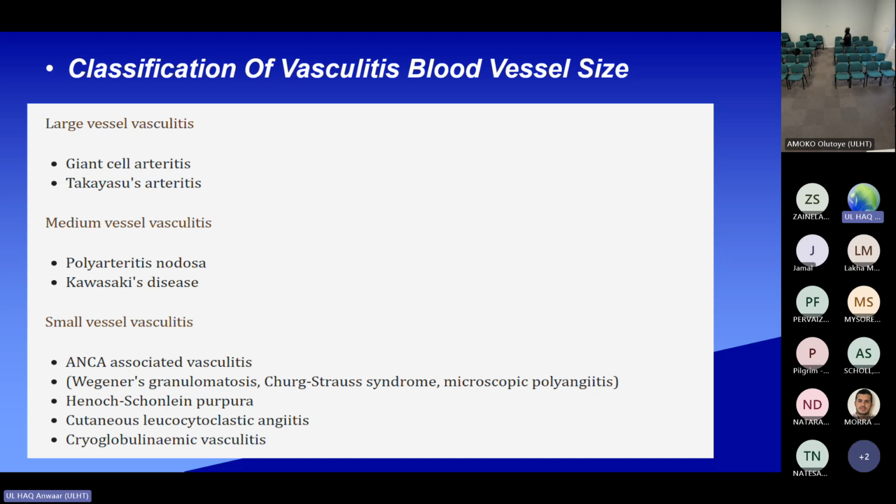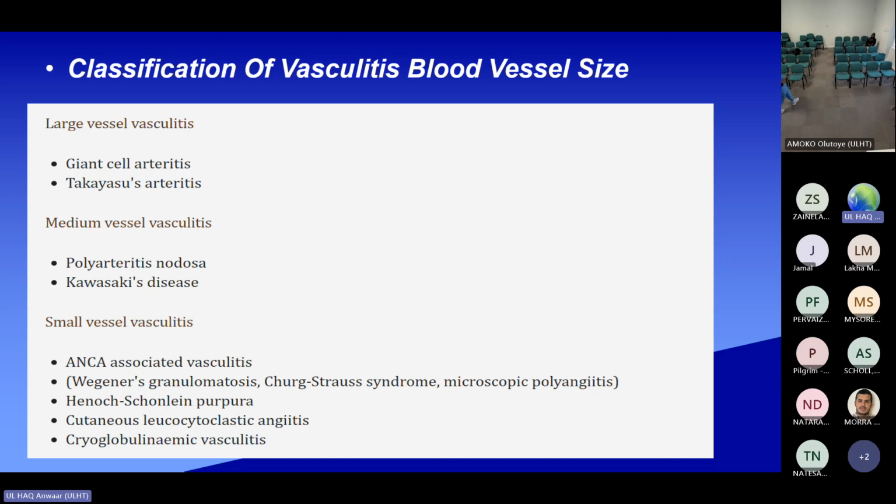In small vessel vasculitis, we have ANCA-associated vasculitis, also called AAV, that has granulomatosis with polyangiitis, Churg-Strauss syndrome, and microscopic polyangiitis. Henoch-Schönlein purpura is sometimes seen in children and also in adults. Then cutaneous leukocytoclastic angiitis and cryoglobulinemic vasculitis secondary to infections like hepatitis, most commonly B or C. So this is one way to classify the blood vessels.